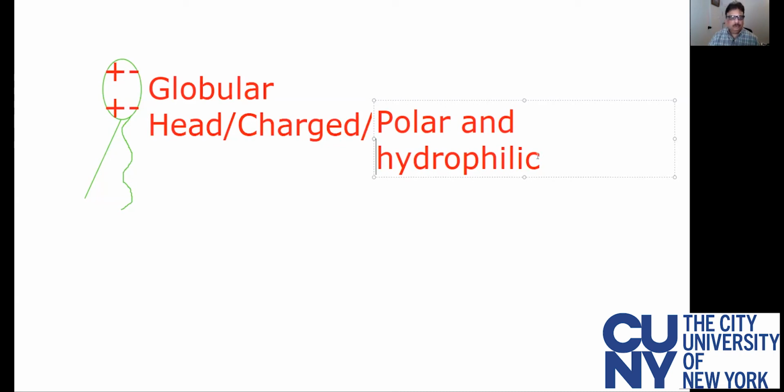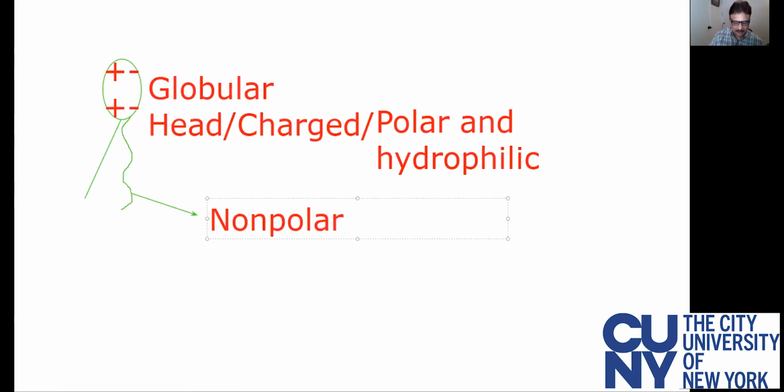They like water. Now, in contrast to the head, the tail has just the opposite properties. So they are non-polar, non-charged, and they dislike water.